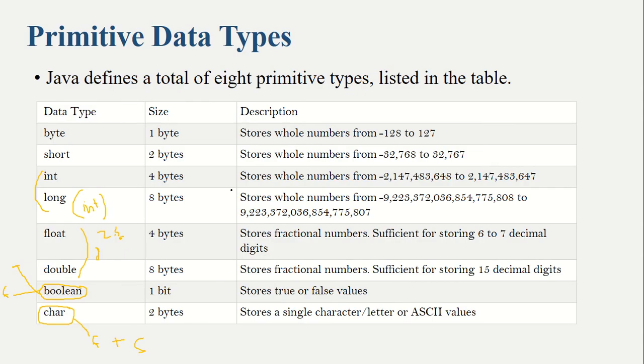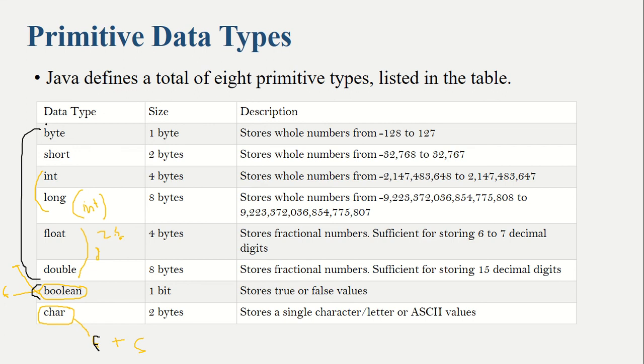This is the data type table, some of the data types that you will be able to use. All of them are for numbers, except this one is for boolean, which can take true or false, and this is for character, which takes one single character.